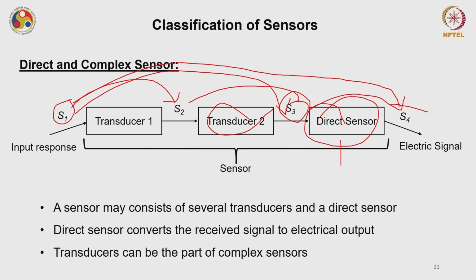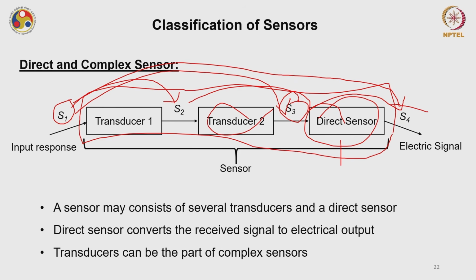However, the complete system, this direct sensor plus transducer 1 plus transducer 2, makes one sensor, and that is a complex sensor. So a sensor may consist of several transducers and a direct sensor.